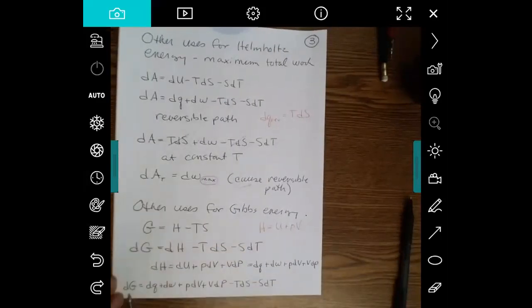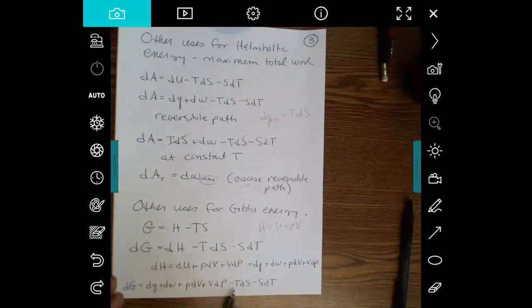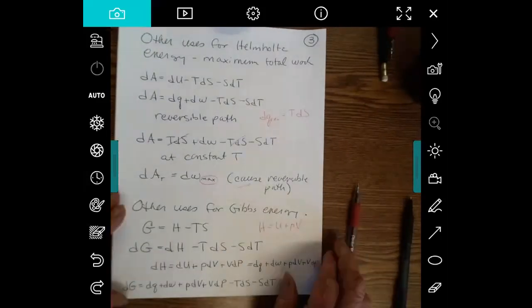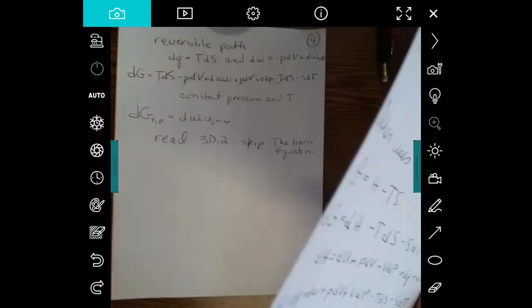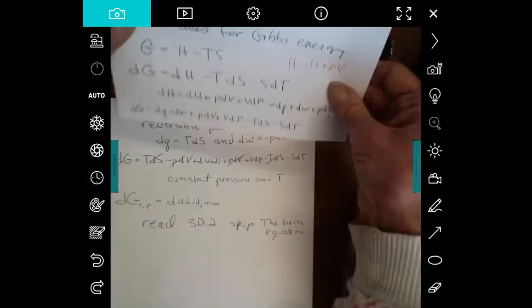So we'd get dG equals dq plus dw plus PdV plus VdP minus TdS minus SdT. And let's see how that simplifies.